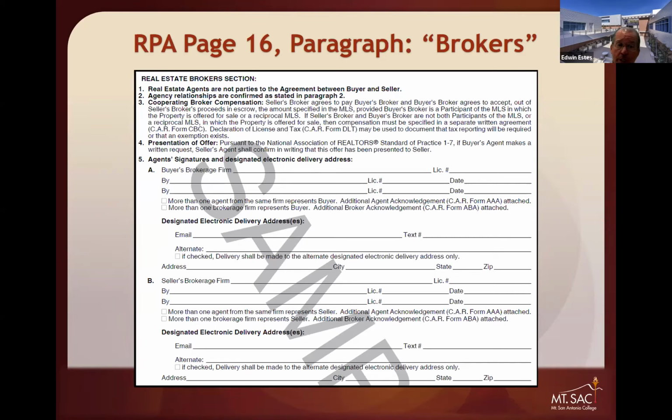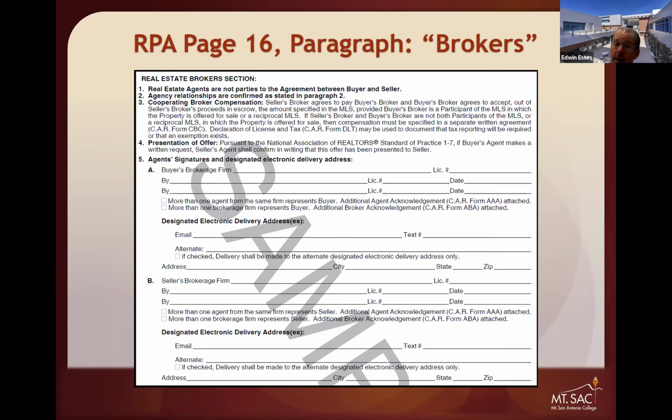Now, alternative, who could that be? Well, it could be somebody else in your office. I wouldn't recommend using the seller or the buyer because I don't like them really getting directly involved, but it could be your transaction coordinator, right? If your transaction coordinator is collecting documents, then you could use that, and then you can check the box to have the alternative designated delivery being primary.